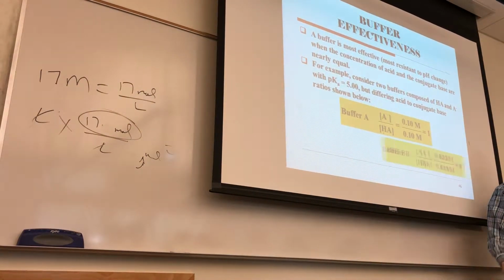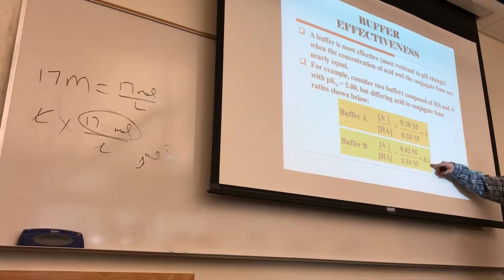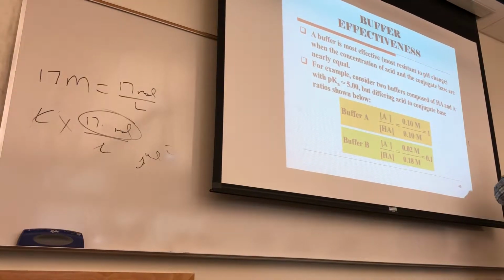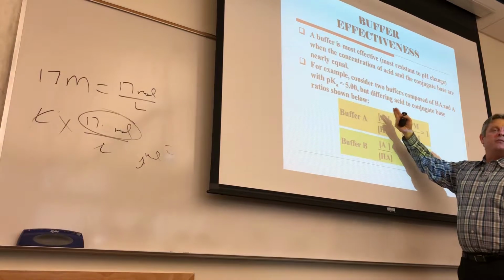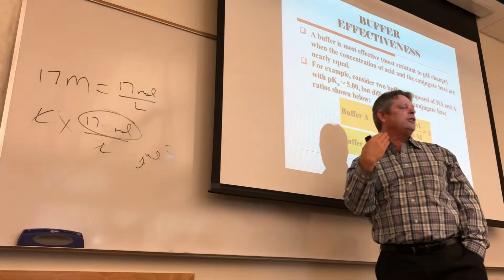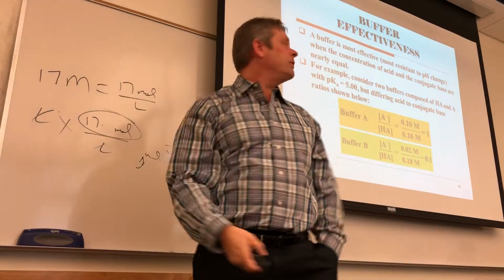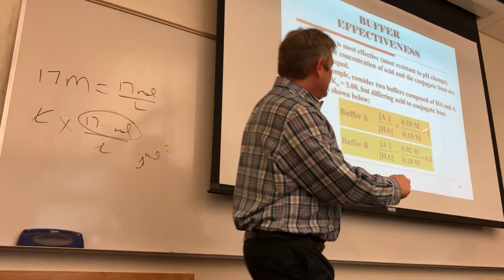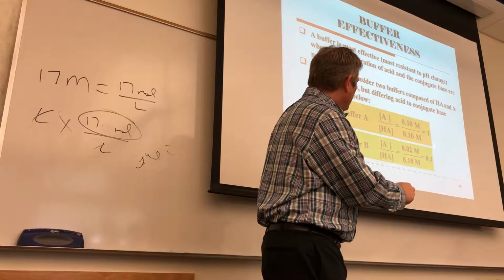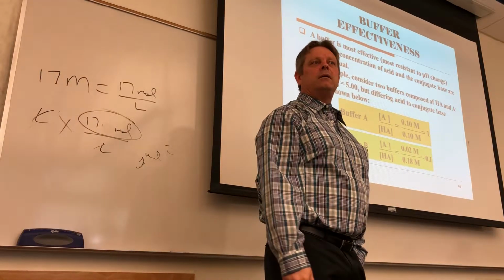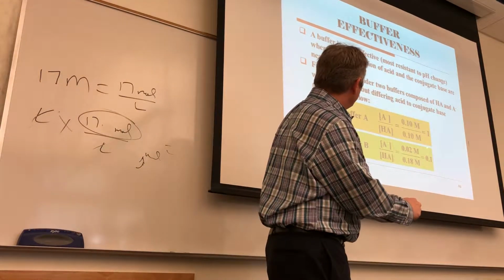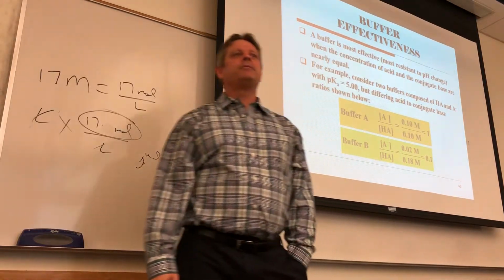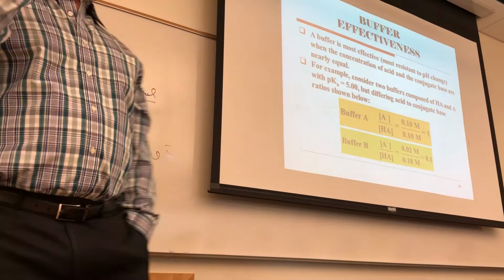If I go 10 down or 10 up, that would be the minimum and maximum range of the weak acid conjugate base buffer system, or weak base conjugate acid system, ratio that I want. So ideally it's 1. I don't want to go less than 0.1 or more than 10. Usually it goes 10 both ways, so this would be 0.1 and 10. 1 is ideal. That's it.